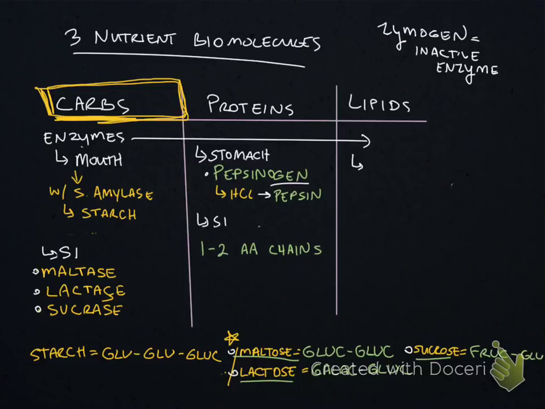So a protein would look something like this, an amino acid bonded to another one, and another one. And the enzymes in the small intestine would come in and break apart these bonds between the amino acids, called peptide bonds, into smaller chains of amino acids.